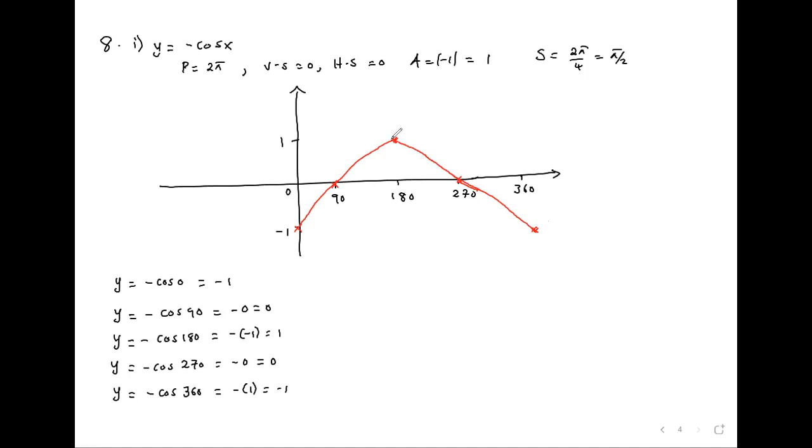Okay, so that is our graph, y is equal to negative cos x. So that you guys can sketch 2, 3, 4 of question 8.